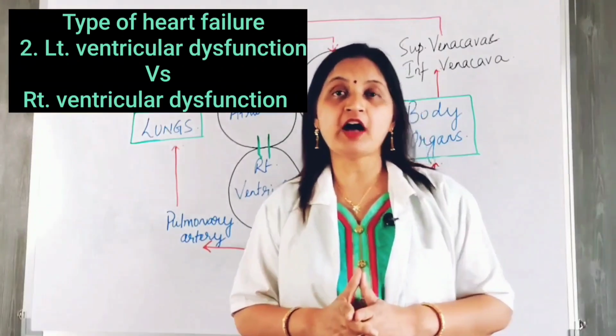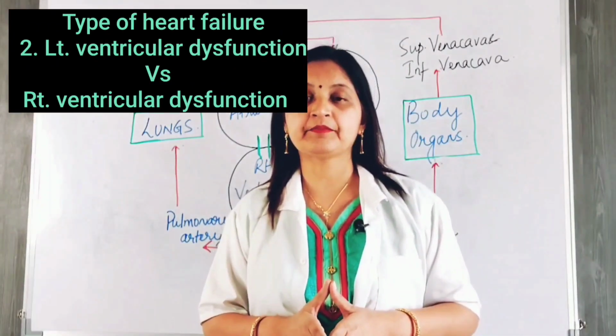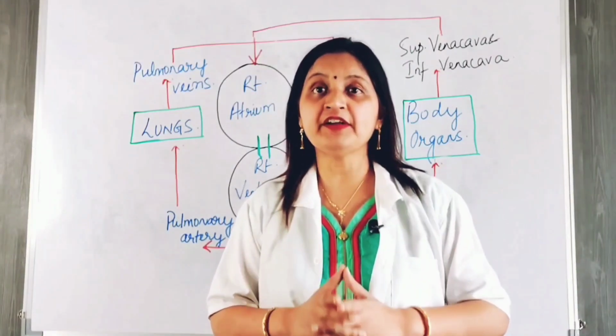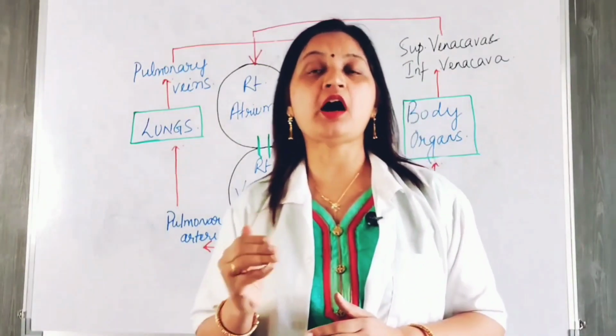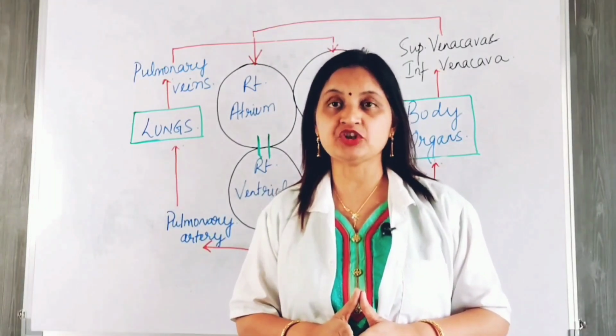The second type of heart failure is left-sided versus right-sided heart failure. Since the left ventricle is the major pumping chamber of the heart, left ventricular dysfunction is the most common form of low output heart failure and is the major target of pharmacologic intervention.